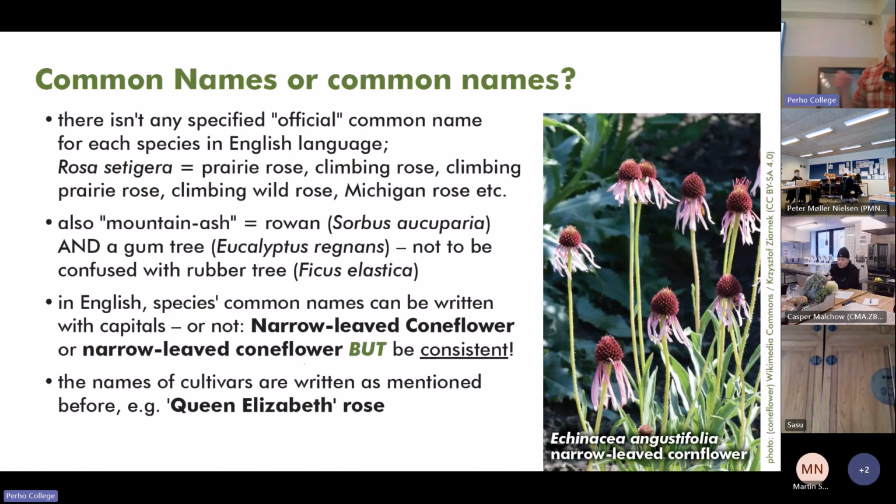So if you write a text where you have these common names, you write them either with capitals or without, and that means all of them. And of course, the names of cultivars are written as mentioned before, like Queen Elizabeth rose, for example, is written with the specific cultivar name in quotes.